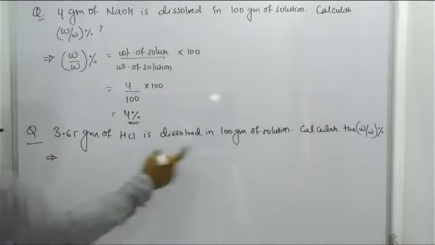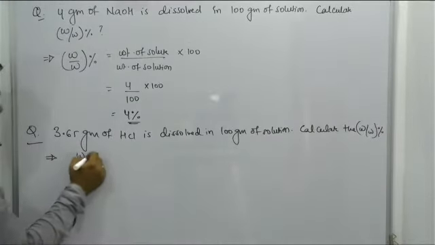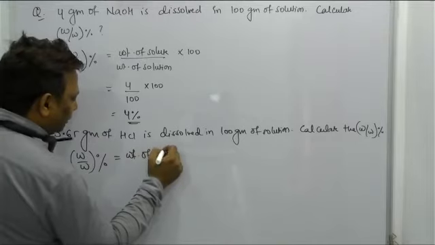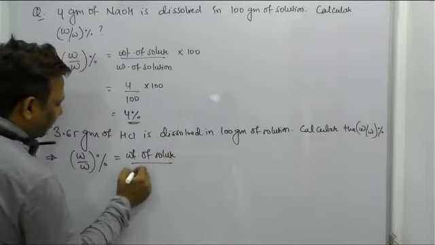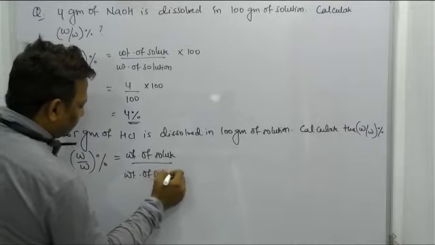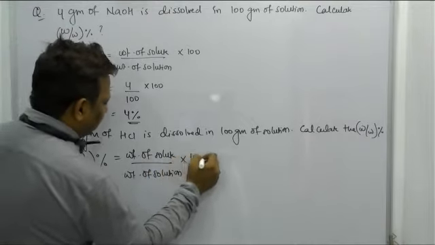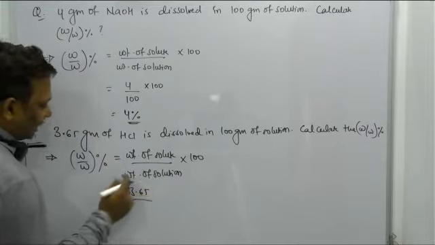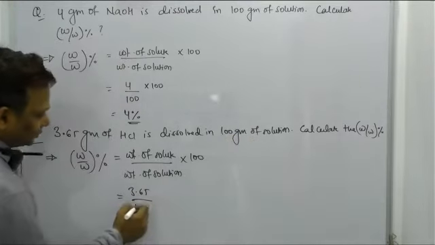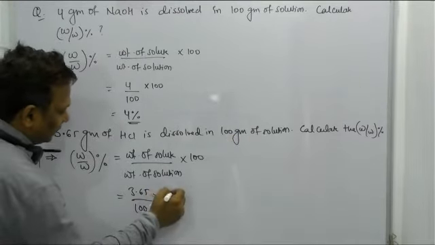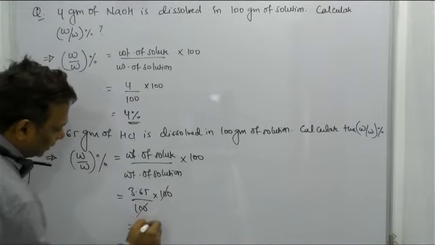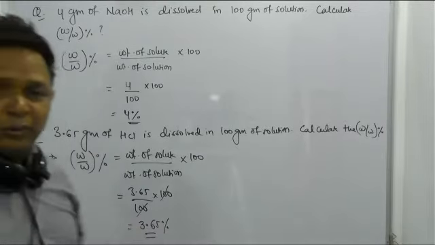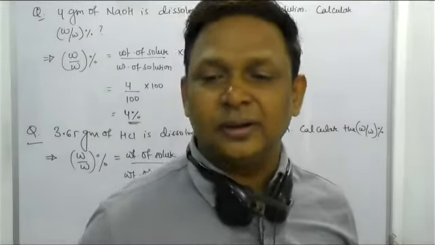W by W percentage is equal to weight of solute by weight of solution into 100. Weight of solute is 3.65 by weight of solution is 100 gram, into 100. The 100 gets cancelled. It becomes 3.65% W by W of HCl solution.